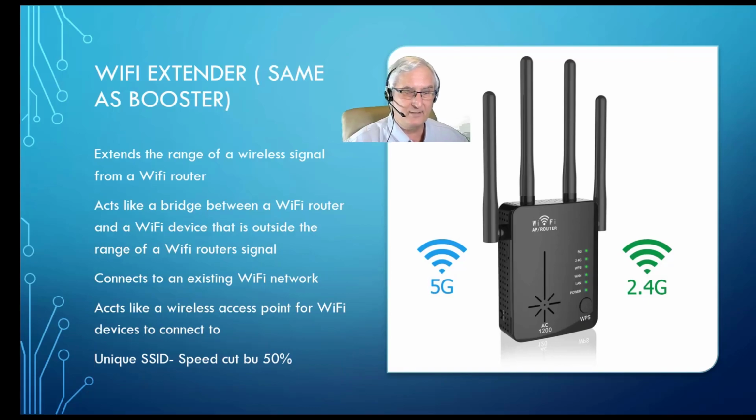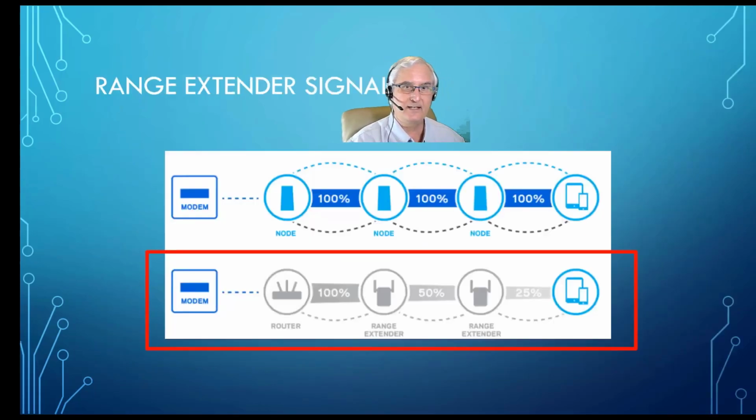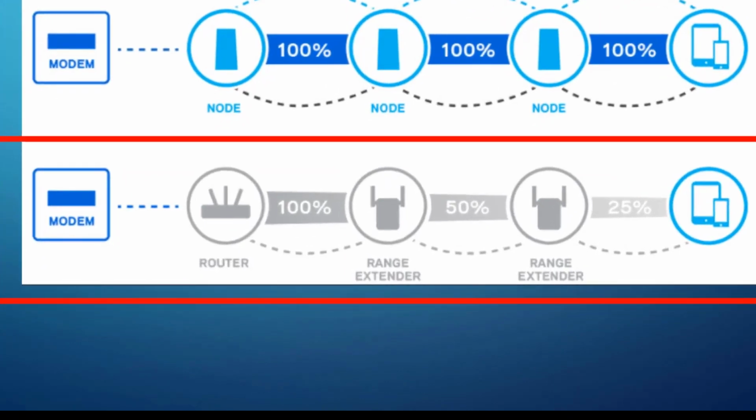Now, there's a cost to this, and in this diagram, I've shown you exactly how this is going to work. Each time you run your signal through an extender or booster, you're going to reduce the speed by 50%.